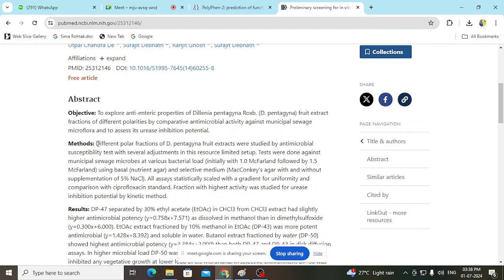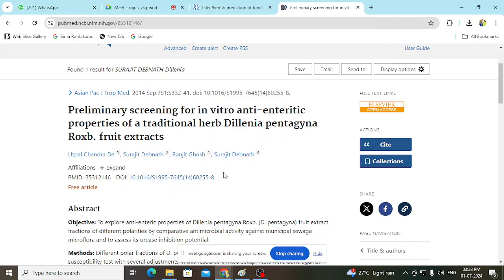We are trying to figure out different fractions of a fruit, and we will study the antimicrobial susceptibility against a specific microbial fraction. Not all, because what we have mentioned here is the anti-enteric properties. When we talk about anti-enteric properties, we are essentially talking about diseases of the gut, or the alimentary canal.